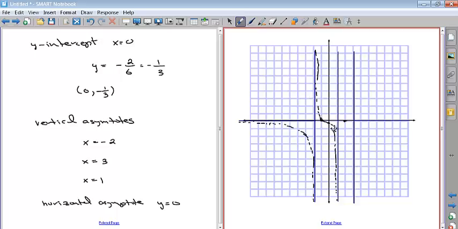Okay, so now we go the other direction. Because it was going down, this side of the vertical asymptote has to be coming from the other direction. So it comes down from positive infinity, then crosses the x-axis here like that, and then it has to keep going down because there's no other x-intercept.